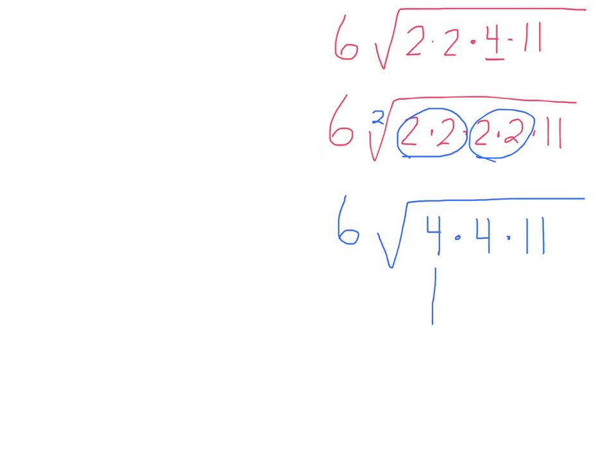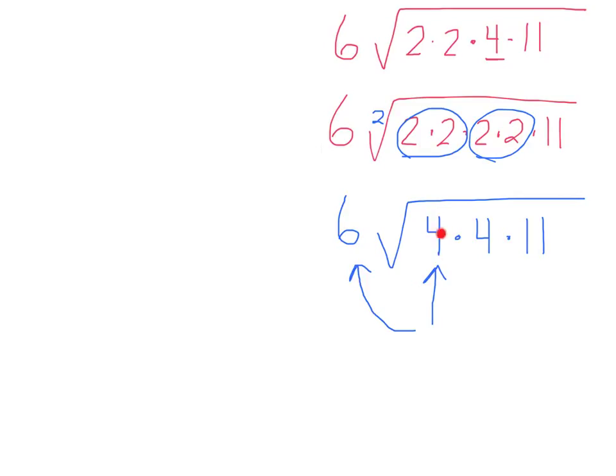So what is the square root of 4? It's 2, right? When you have a perfect square and you take the square root of it, you take it out from under the radical, and you multiply it by whatever's out here.